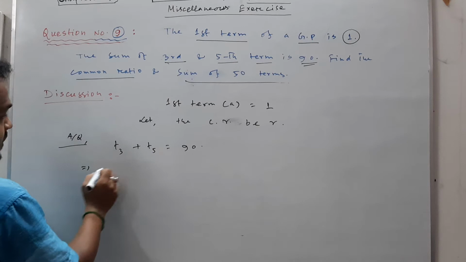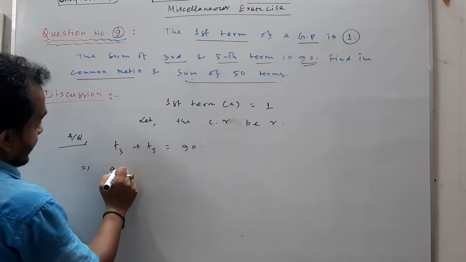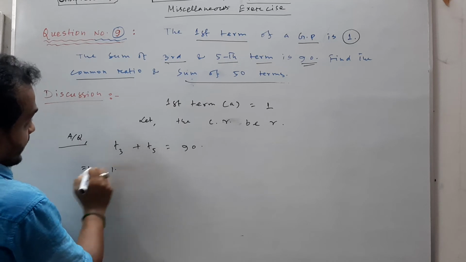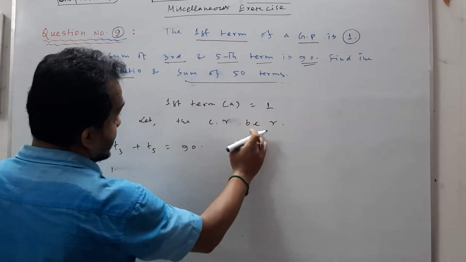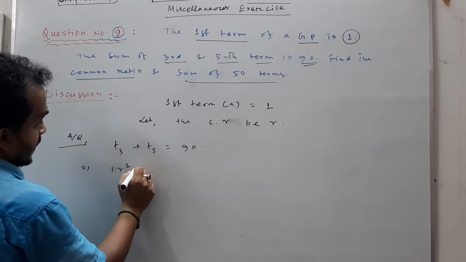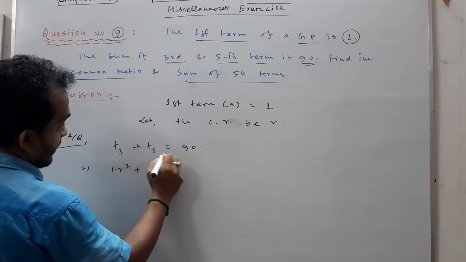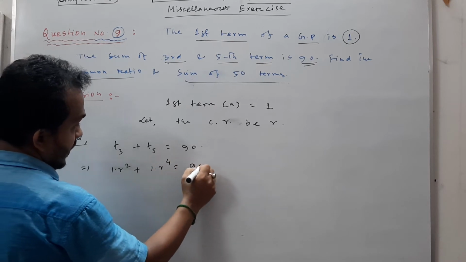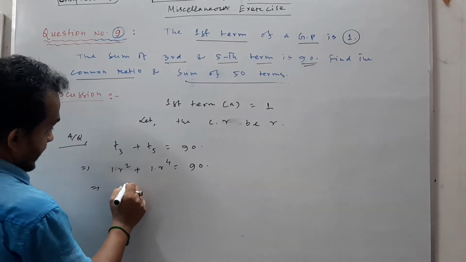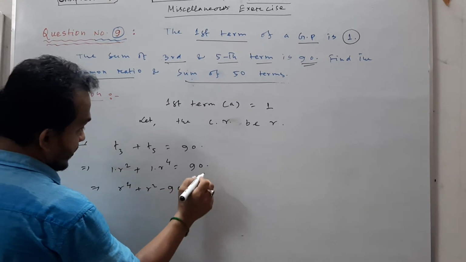Putting T3 as A into R power 2, plus T5 as A into R power 5 minus 1, that is R power 4, is equal to 90. That is R power 4 plus R square minus 90 is equal to 0.